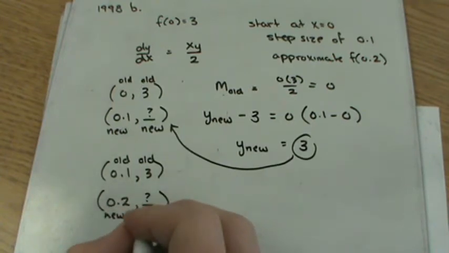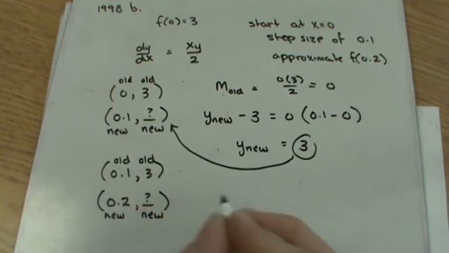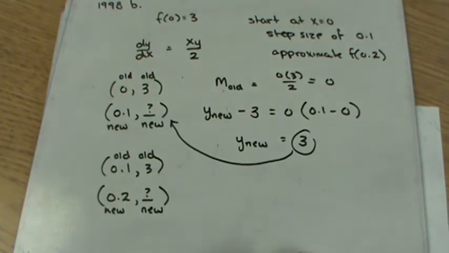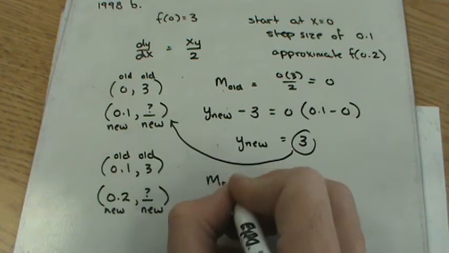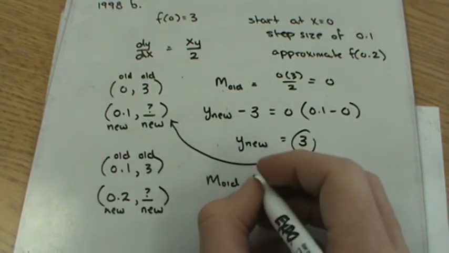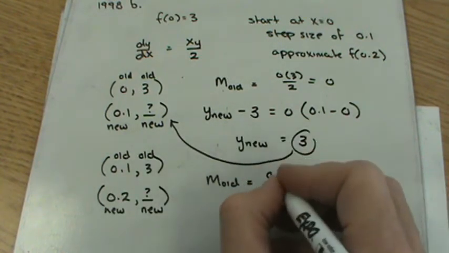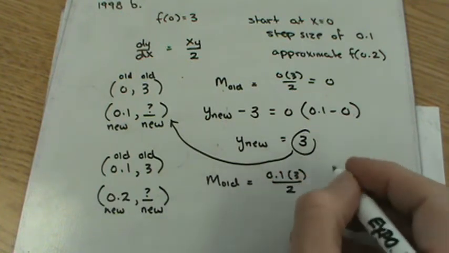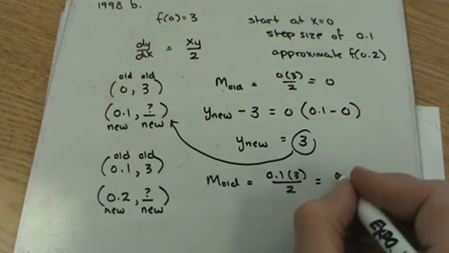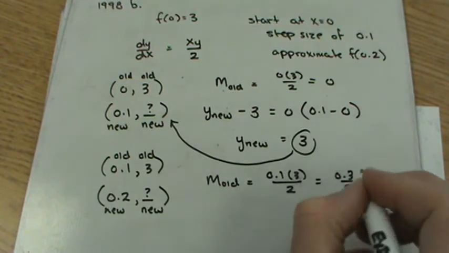These are going to be our x new and our y new. So we're going to do the same thing. We still need our m old, and our m old is going to come from our old point. So again, that's going to be xy over 2, so 0.1 times 3 over 2, which gives us 0.3 over 2.